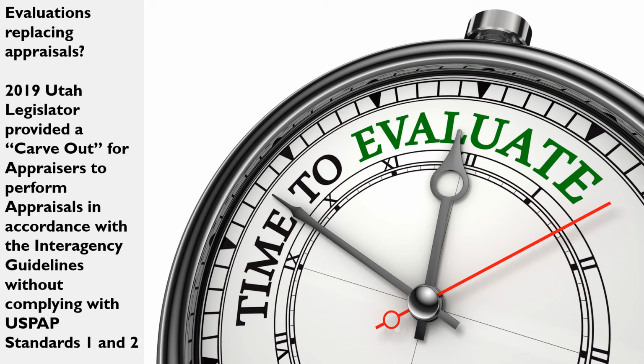And if I call it an appraisal, some lenders won't use it because they are regulated differently and they want an evaluation. This carve-out now allows appraisers to be able to perform that service without having to comply with standards 1 and 2, but they do have to comply with the general principles of USPAP, which includes competency, record keeping, being unbiased, and so forth.